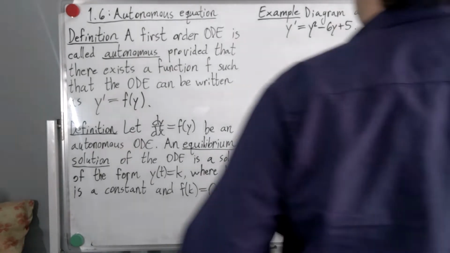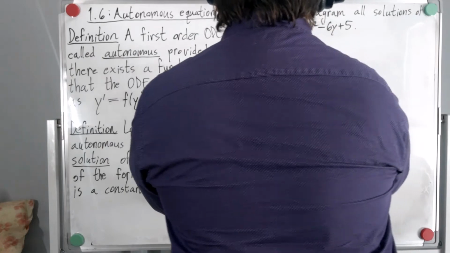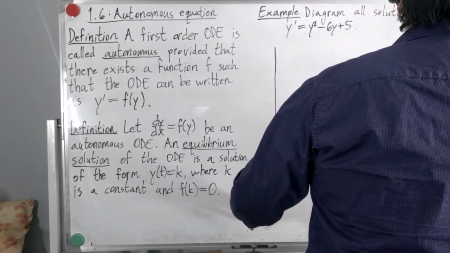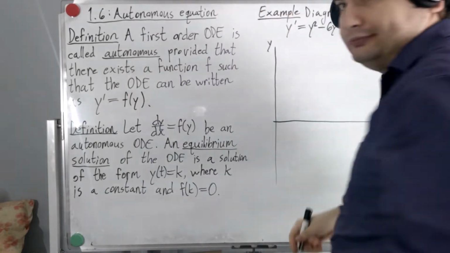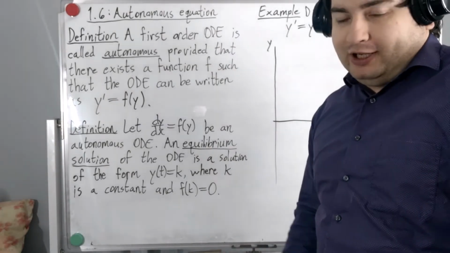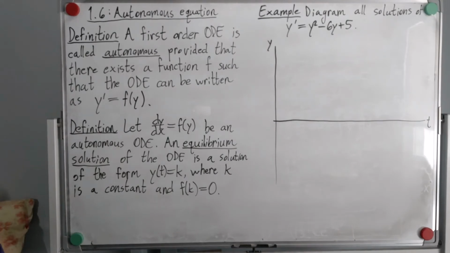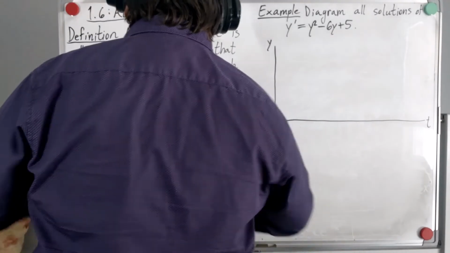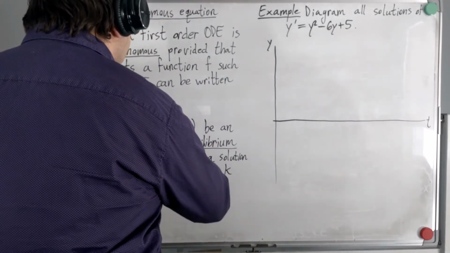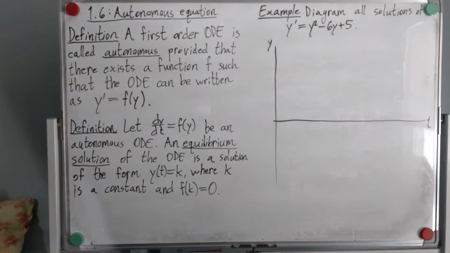So for autonomous ODEs, when we say diagram all the solutions, first of all, we're only concerned with positive values for the independent variable, which I'm going to call t in most cases rather than x. Why? Because most of these ODEs have applications to physics where the independent variable is time. Oh, and I just realized this should be dy dt. Yeah, sorry about that.